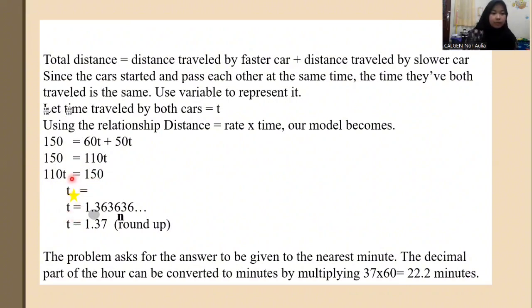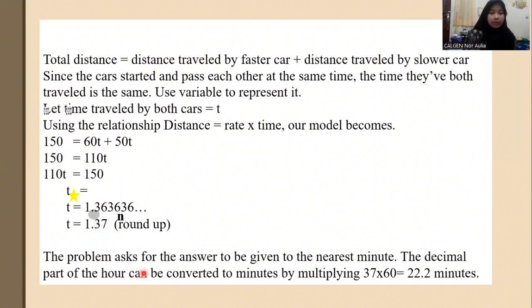To find the value of t, we divide 150 by 110. So t is 1.3636 and so on. So we can round t up to 1.37.